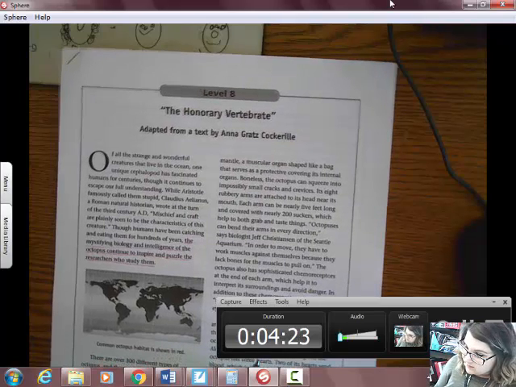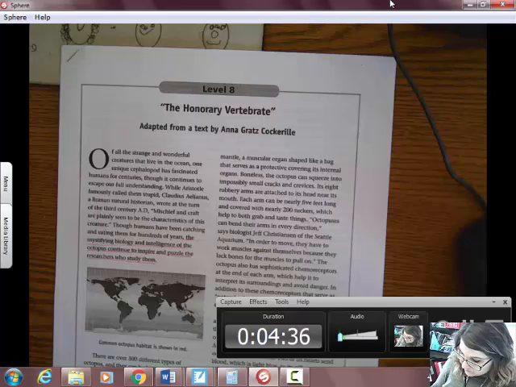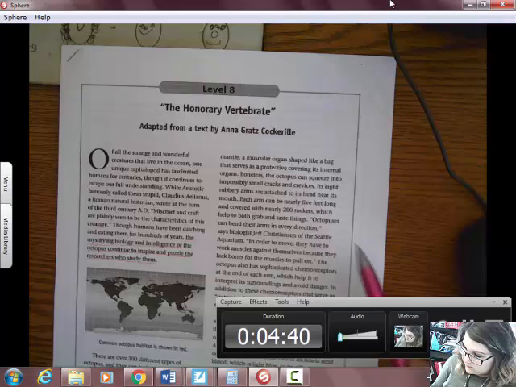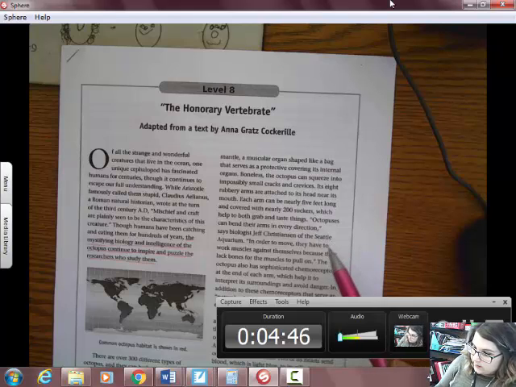Boneless, the octopus can squeeze into impossibly small cracks and crevices. Its 8 rubbery arms are attached to its head near its mouth. Each arm can be nearly 5 feet long and covered with nearly 200 suckers, which help to both grab and taste things. Octopuses can bend their arms in every direction, says biologist Jeff Christensen of the Seattle Aquarium.